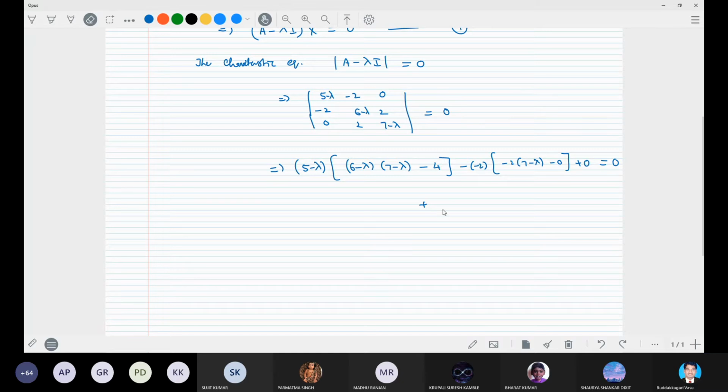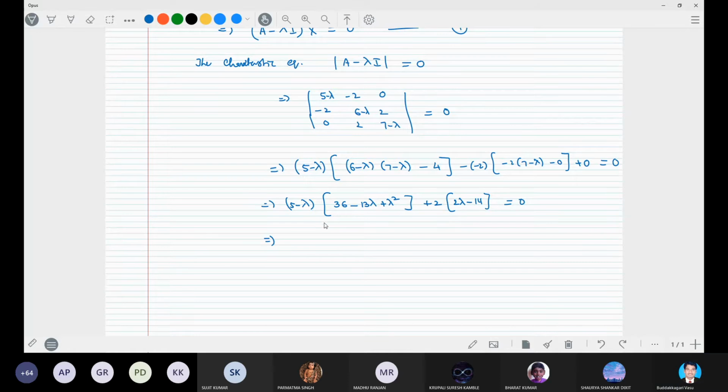We can simplify this: 6 sevens are 42, 42 minus 4 is 36, 36 minus 6 lambda minus 7 lambda, minus 13 lambda plus lambda square, plus 2 into (2 lambda minus 14) is equal to 0.